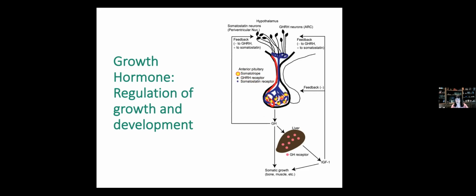And if they see GHRH, they will release GH. And GH then goes to the liver and releases IGF-1, insulin-like growth factor 1, which stimulates growth of bone and muscle. The circuit is a little more complicated, but basically this is how we get growth in long bones and thickening of bones. This is how we build muscle.